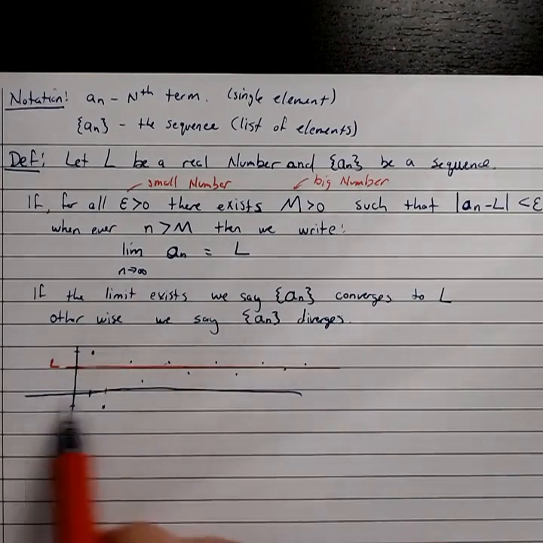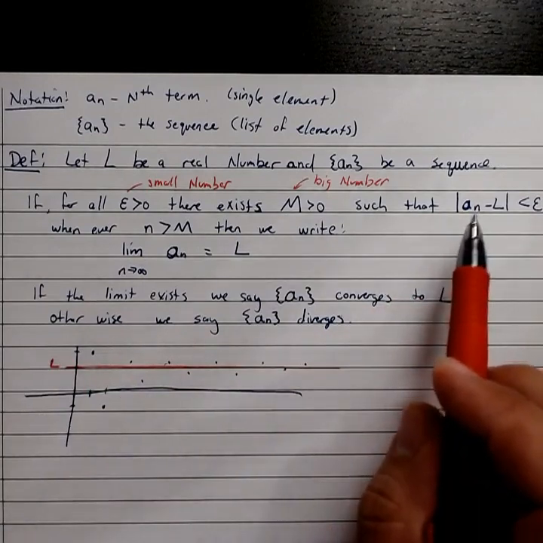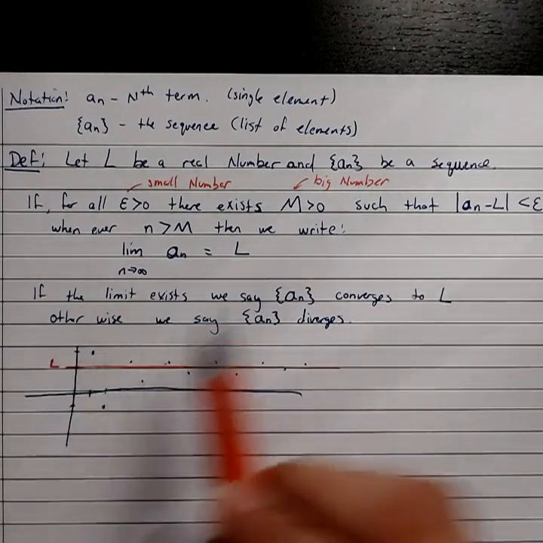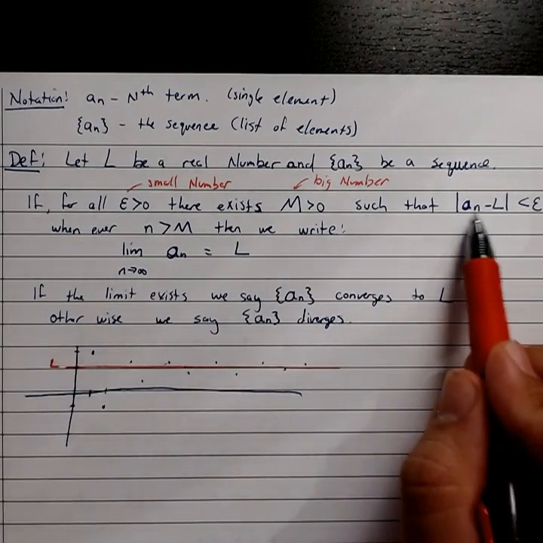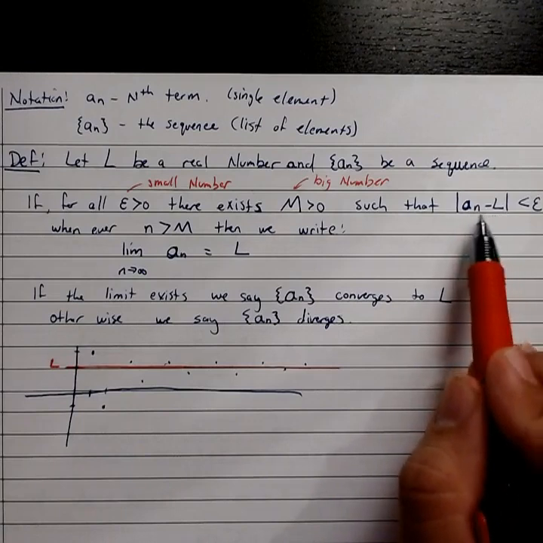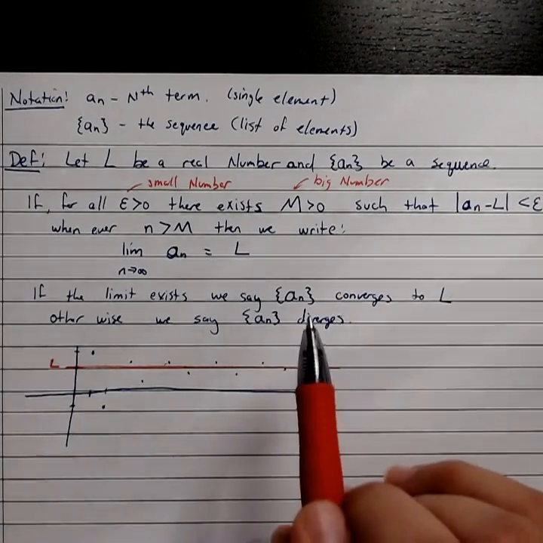Here, if you imagine this is the xy plane, that's the y value of each of these points. So what this is saying is that the absolute value between a_n and L, or in other words, the distance between a_n and L, is less than epsilon.